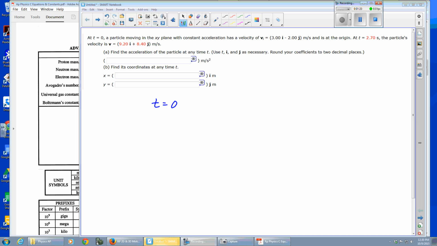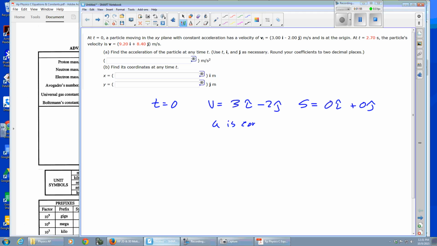At t equals 0, v equals 3i minus 2j, and s equals 0i plus 0j, and a is constant.